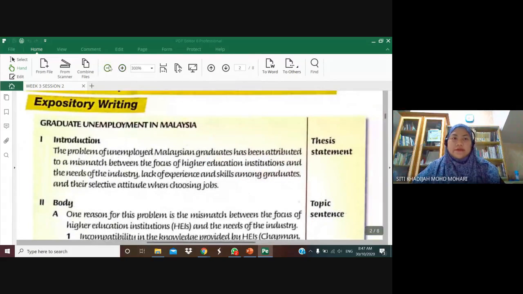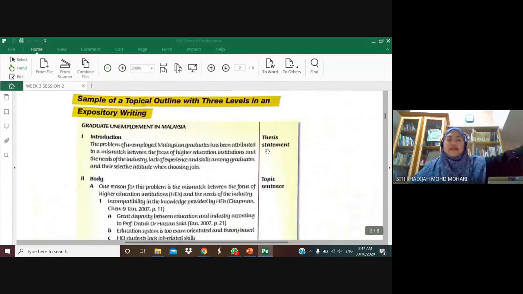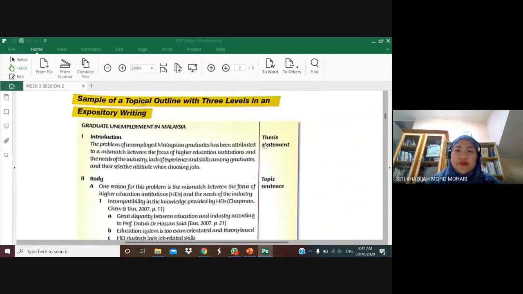All right, so the topic is graduate unemployment in Malaysia. So we believe that they are going to talk about, okay, let's read the thesis statement. Obviously, in the thesis statement, they are going to indicate the problem. This essay talks about the factors, reasons why there is high graduate unemployment in Malaysia.